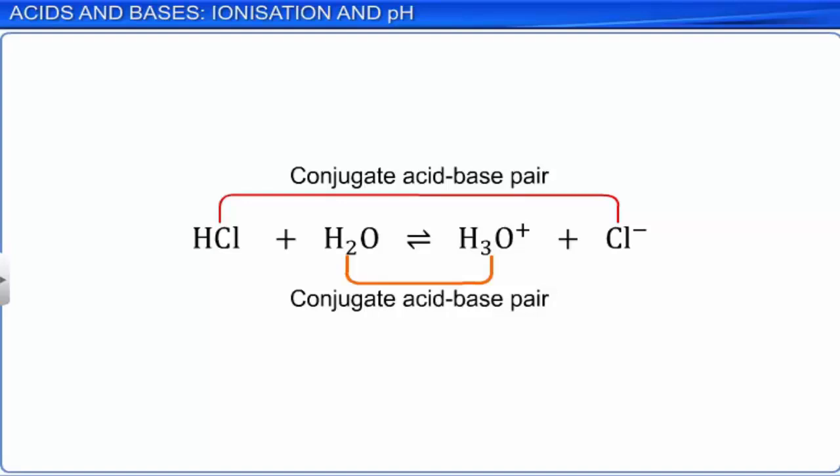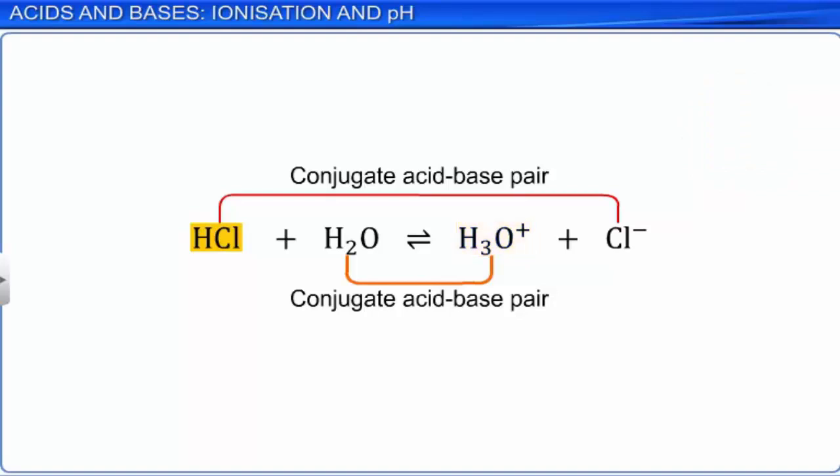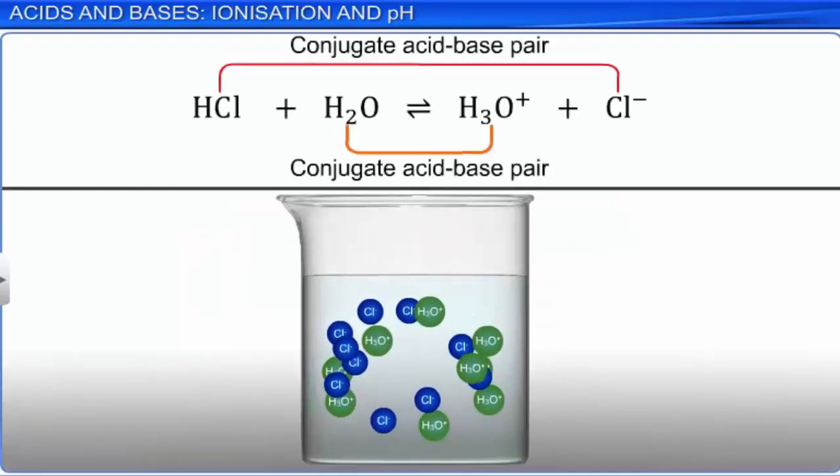Now, as you can see, there are two acids, HCl and H3O+, in the reaction. Now, which one is stronger? Obviously, HCl.